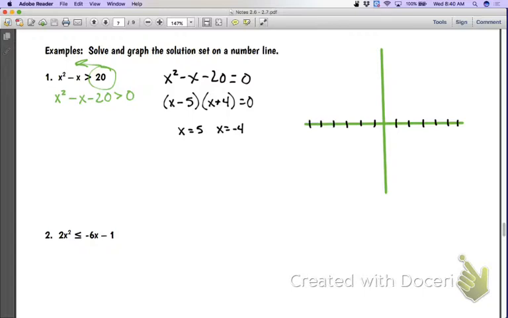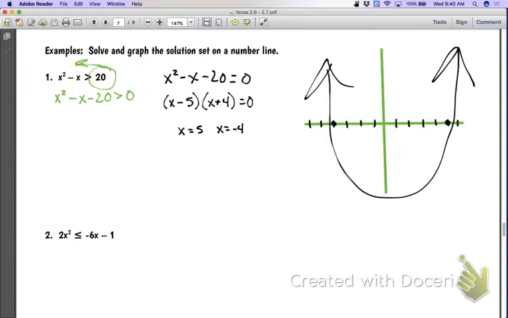So it's going to cross at negative 4, right here, and it's going to cross at positive 5. Okay? It's a quadratic, right? If we're going to graph the quadratic, we have it in standard form. We can go the opposite of b divided by 2a, and if we graph this, it's going to look something like that.